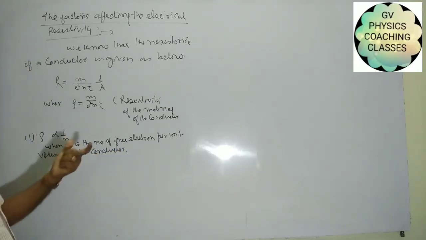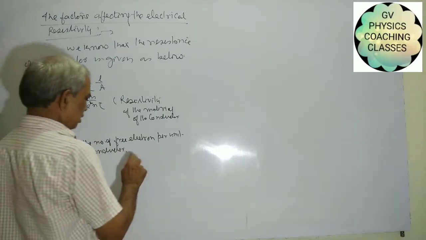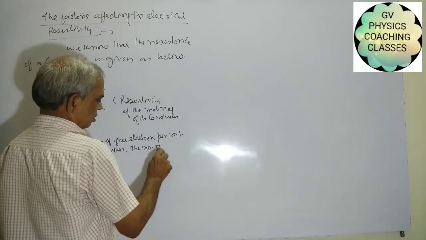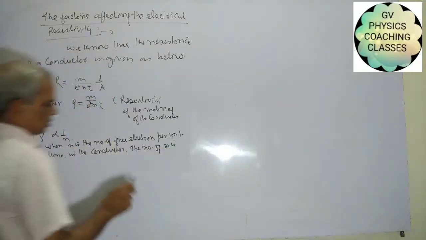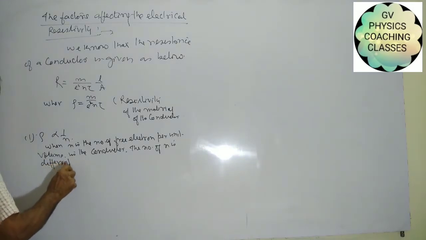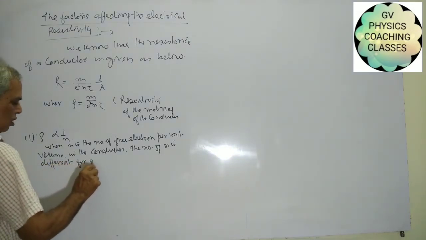These are different in different conductors. The number n is different for different conductors.